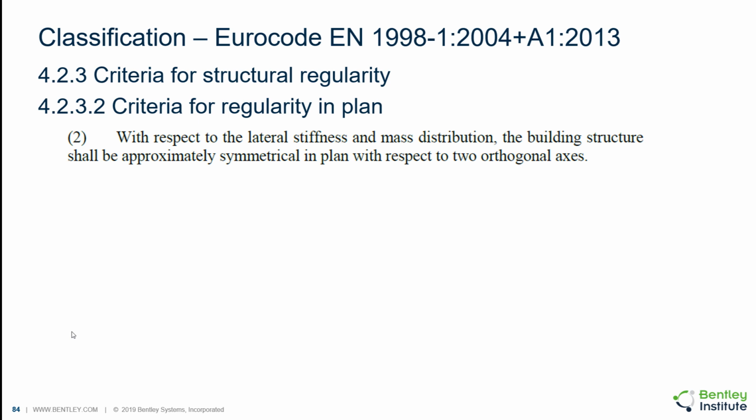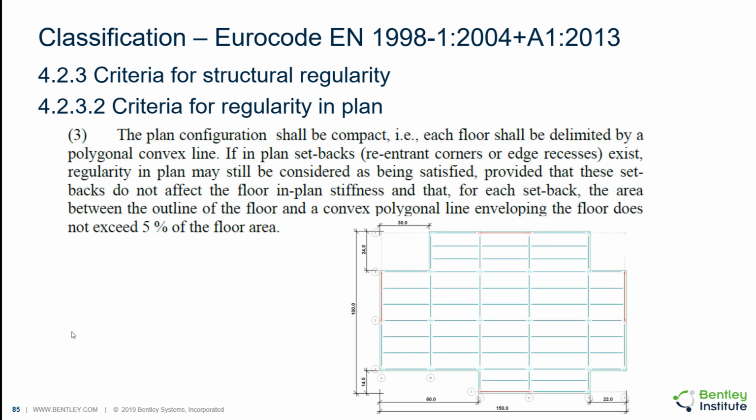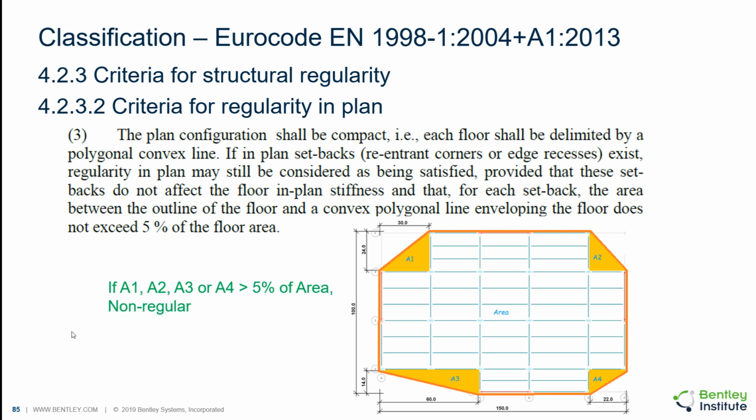This requirement is subjective, requiring that the stiffness and mass be distributed approximately symmetrically. Item 3 is that the floor layout be compact, that is, that it not have any significant reentrant corners or setbacks. To determine this, a convex polygon is drawn around the floor outline. Then the areas of the reentrant corners and setbacks are calculated.